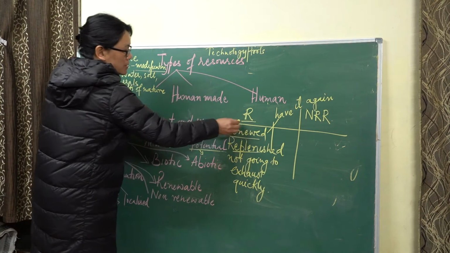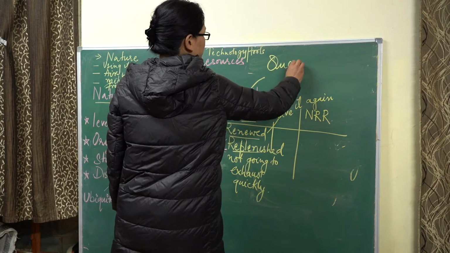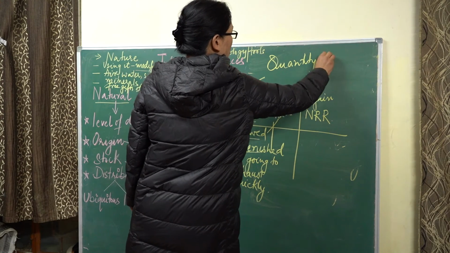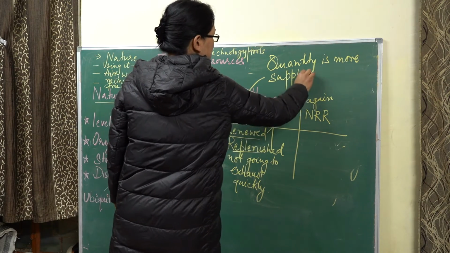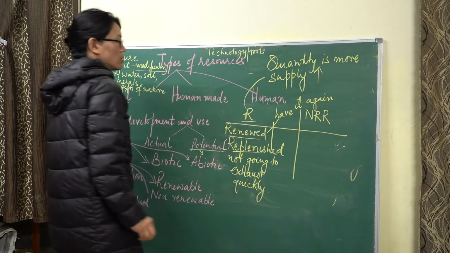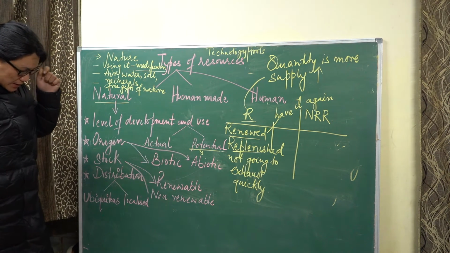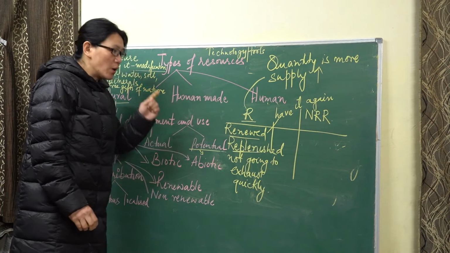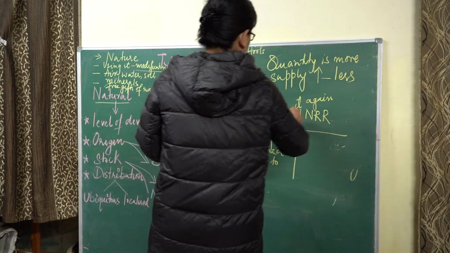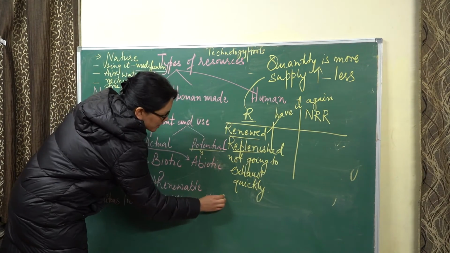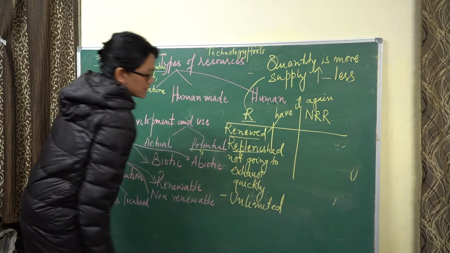So renewable resources, its quantity is more and obviously supply is also more. Or we can say its supply will not become less. So we will use another word here: unlimited. It is unlimited.